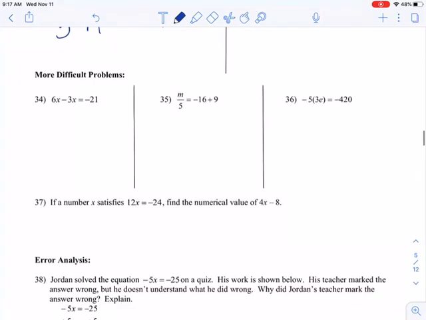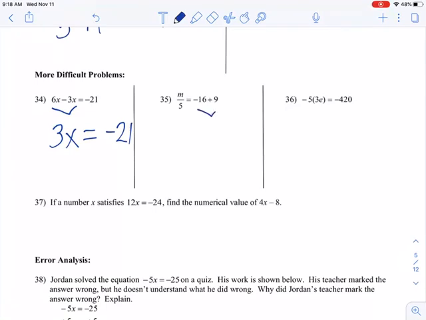If you look at the more difficult problems at the bottom here, you're just combining your like terms before you solve and check. So if you look at 34, we could combine those two together because they both have an x. So you get 3x equals -21. You would divide by 3 on both sides.